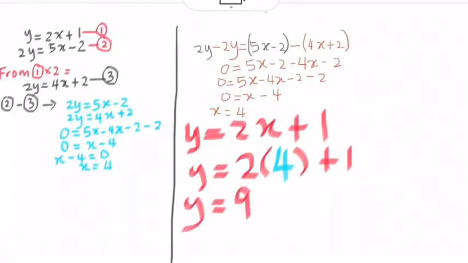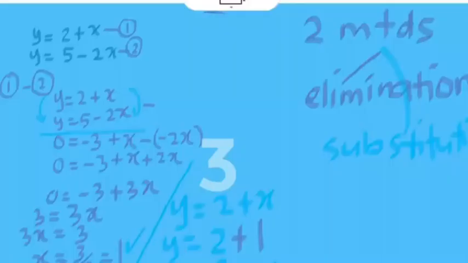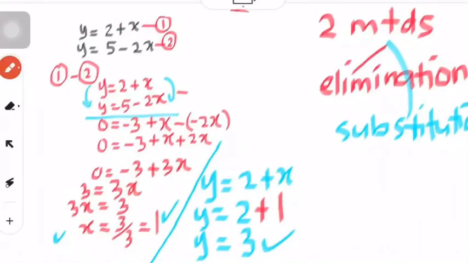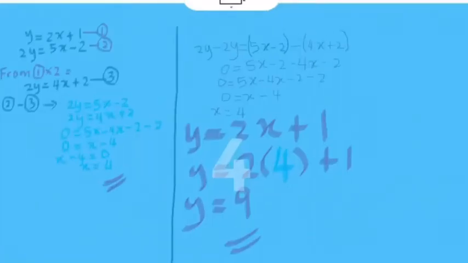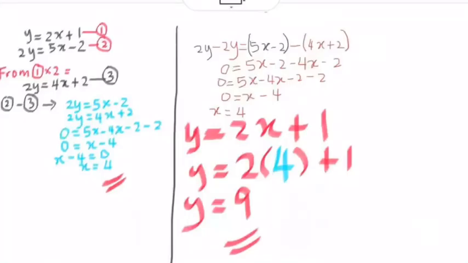Dah siap? Nampak. Okay, so the first example just now, for the first example, elimination, you can straight away do the elimination. You just minus the equations. But for example number 2, you cannot eliminate straight away.